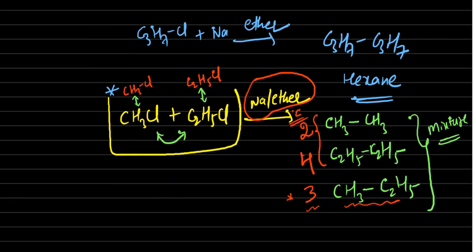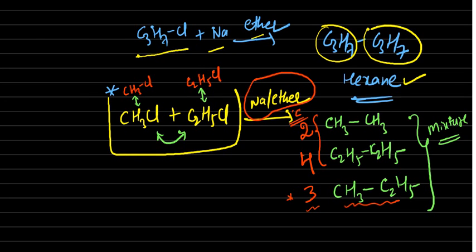If you take propyl chloride in the presence of sodium and ether, we get propyl plus one more propyl, that is hexane. So can we get an odd number hydrocarbon in this?